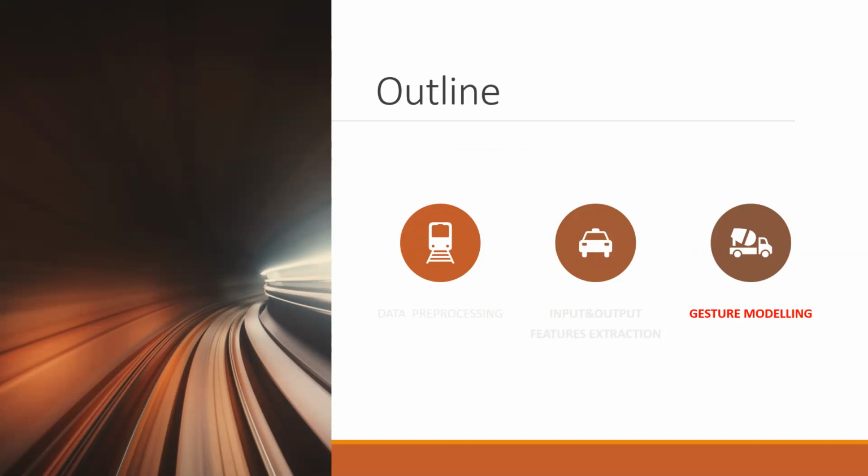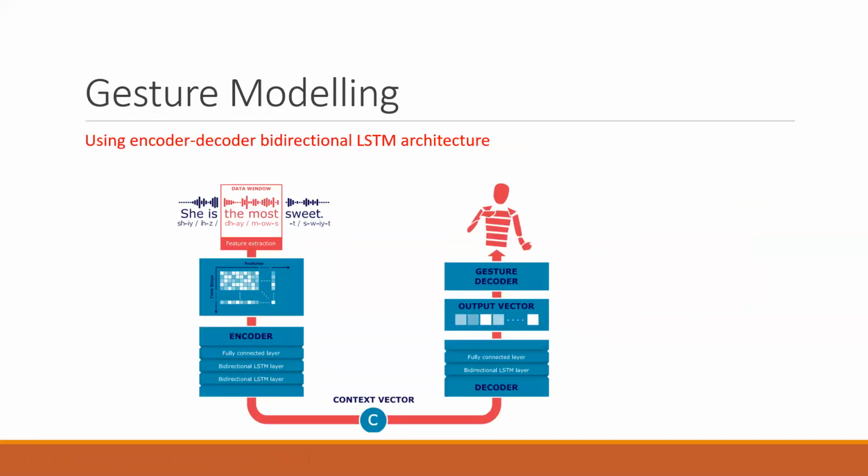The last step is the model. We take the input and output features and feed them into the model. In this work, we use an encoder-decoder bidirectional LSTM architecture.